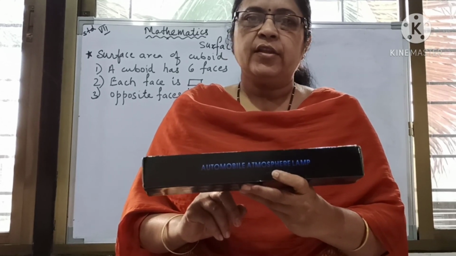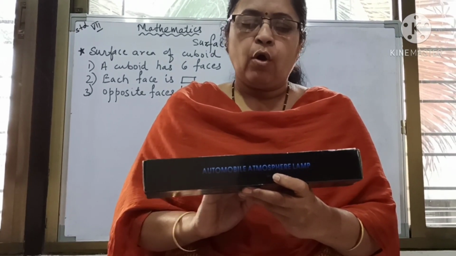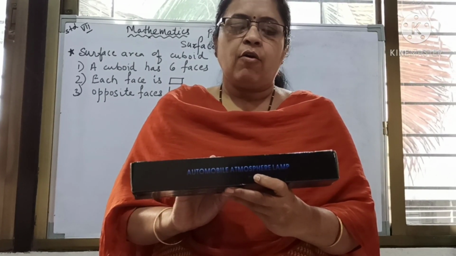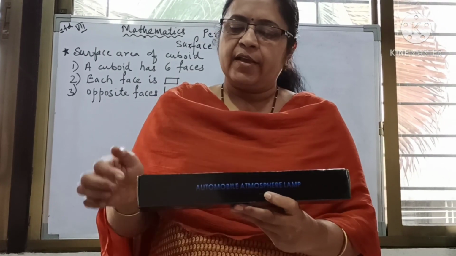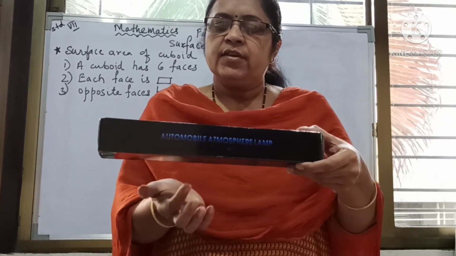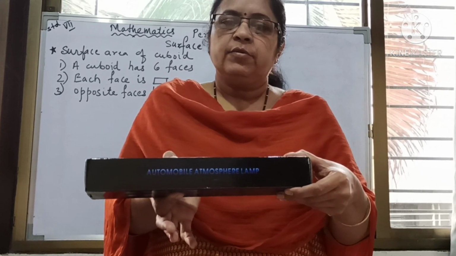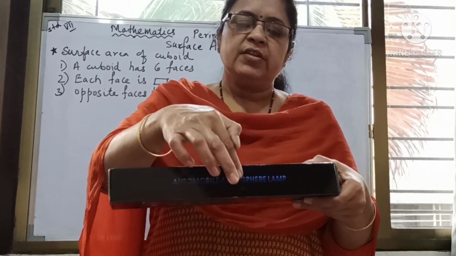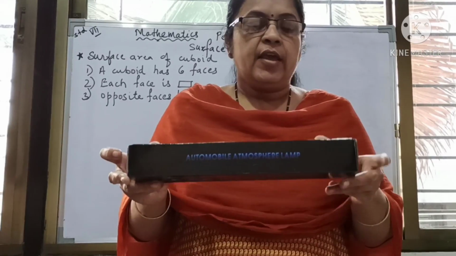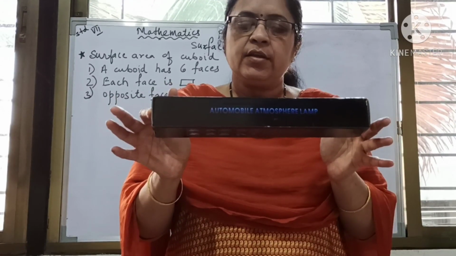So together 6 faces are there and all the faces are rectangles, and the area of the two opposite rectangles is the same. So the area of this and this rectangle will be the same. The area of this rectangle and the opposite rectangle will be the same. The area of these two rectangles will be the same.